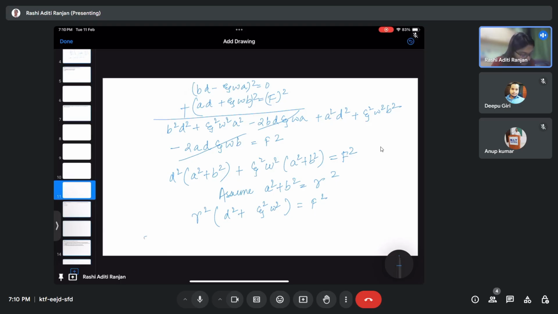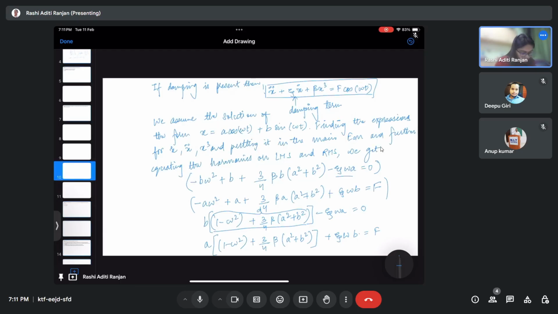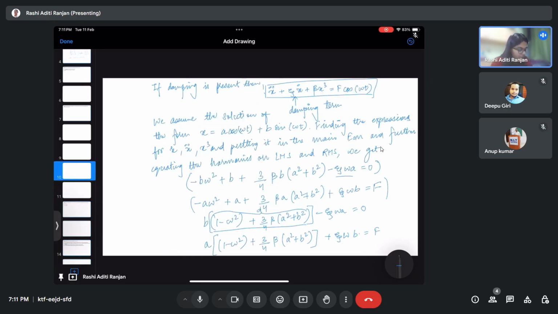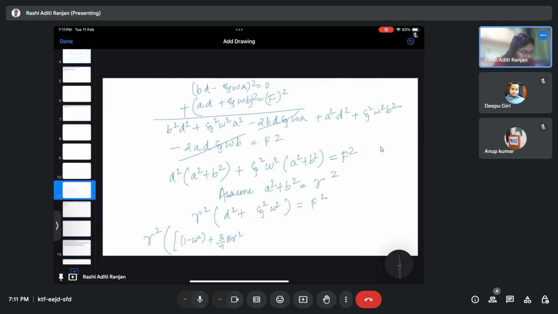Let us just put the expression for d square again. Okay, I have 1 minus omega square plus 3 by 4 beta gamma square. Yeah, here it was a square plus b square, so we'll write it as gamma square, this whole square, plus this is my expression.